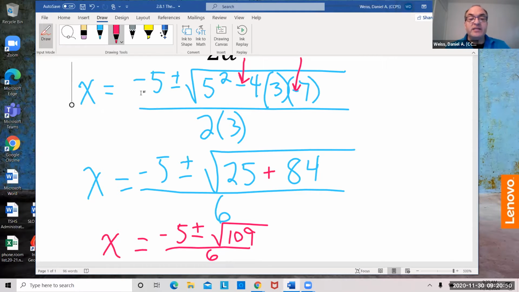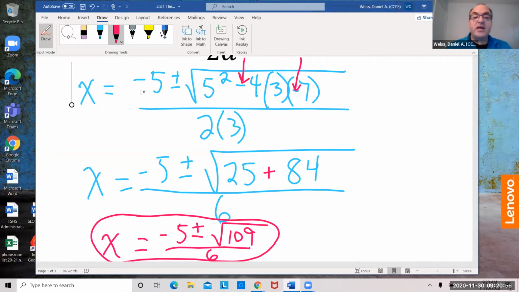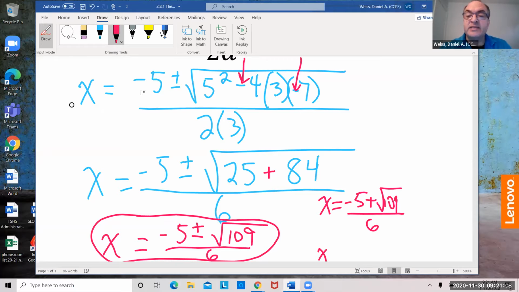And what this means is, this is the answer. I'm done. This is the same as x equals -5 plus square root 109 over 6, and x equals -5 minus square root 109 all over 6.